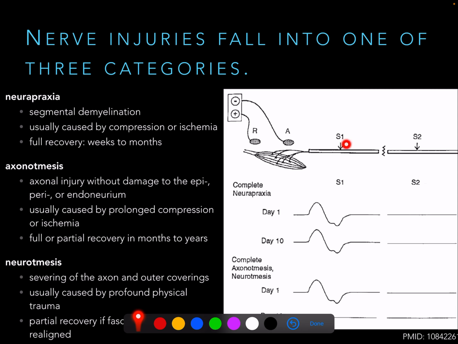So if we stimulated S1, even though we're damaging here, this part of the axon is still functional. So if we stim here, the action potential is going to go in both directions. That doesn't matter. It'll certainly go in the forward direction, and we get some kind of electrical event. That's what we're recording down here. We see it at day 1, we see it at day 10. The fact that we're seeing it 9 days later means that we still have an axon.